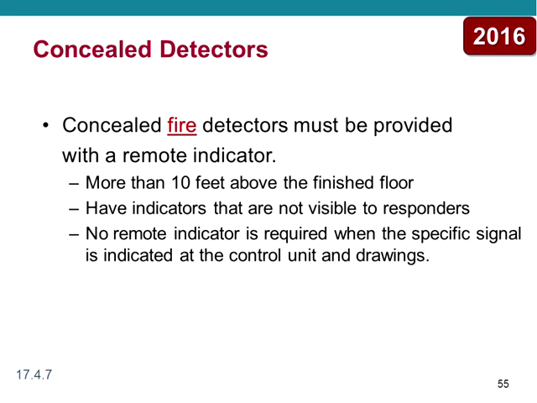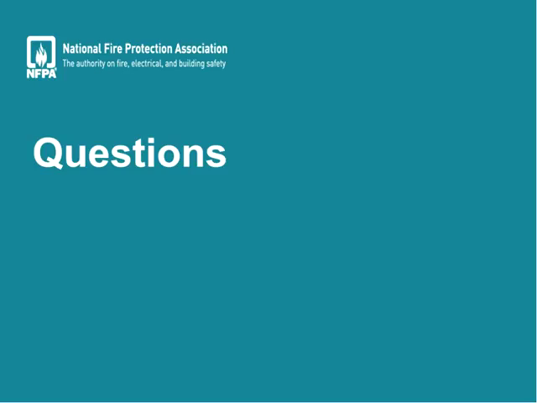Okay, thanks. Next question is, are you moving toward intelligibility for mass notification systems? Actually, that's been required for quite some time. Intelligibility is required. However, in the code, we don't tell you exactly what method must be used.